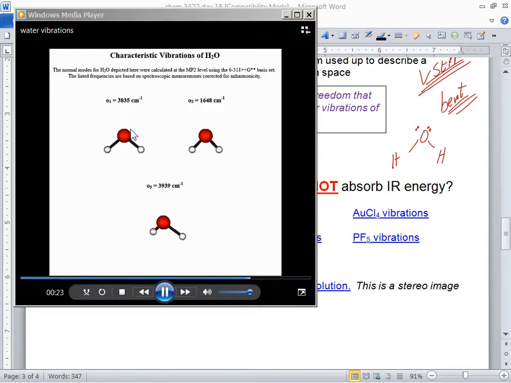Okay. So which of these, if any, will absorb infrared radiation? The first one? First one will definitely absorb infrared radiation. The second one? The one on the bottom definitely absorbs infrared radiation.